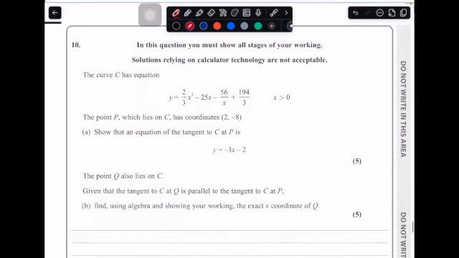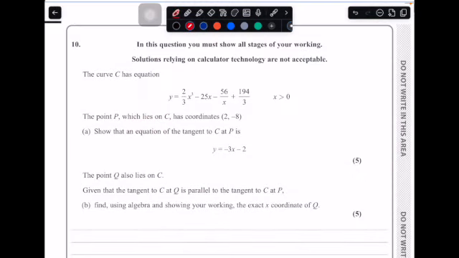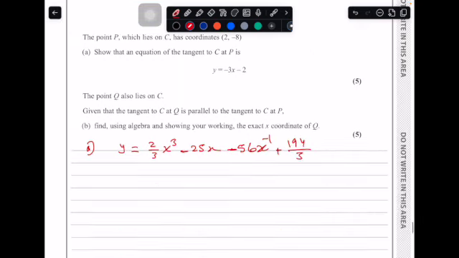Going to number 10, as usual, we have to show all your working. First of all, rewrite y, because we're going to differentiate, and show the equation of tangent to the curve at the point P. So y is 2 over 3 x to the power of 3 minus 25x minus 56x to the power of negative 1 plus 194 over 3.